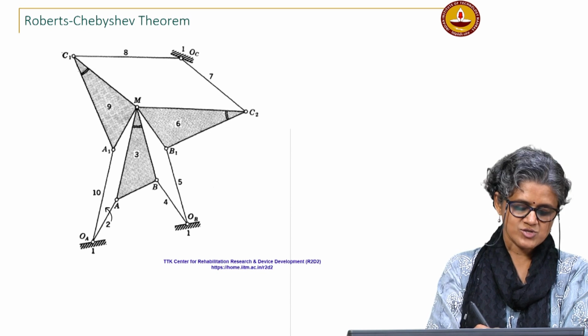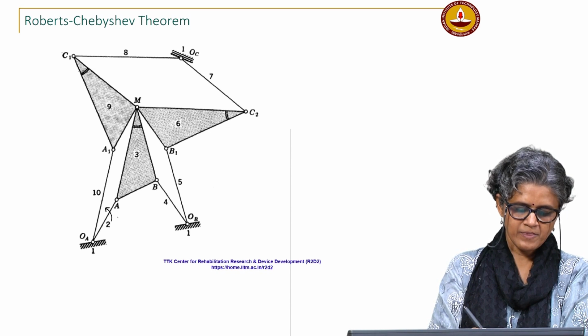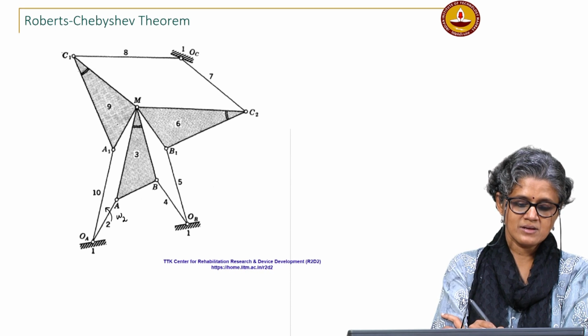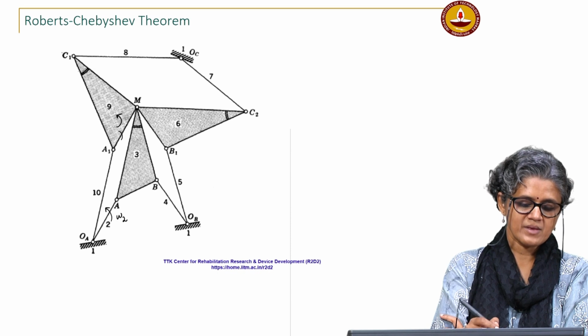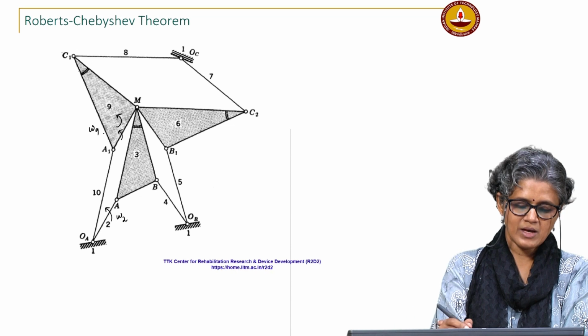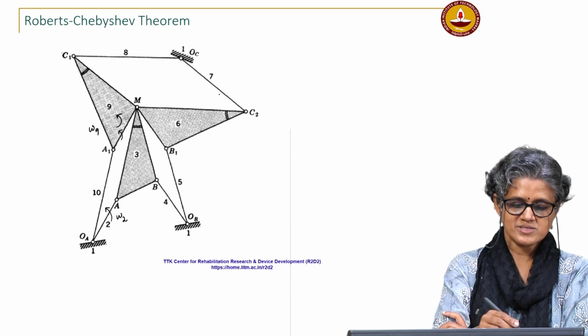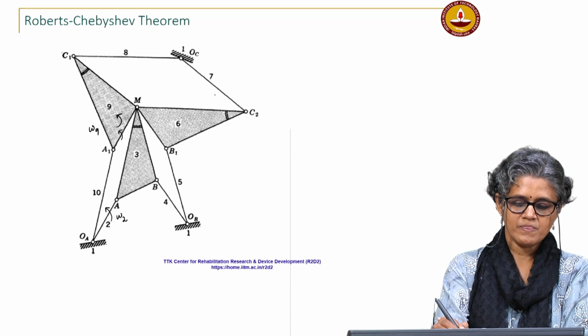So, if this is omega 2, omega 2 will be the same as omega 9, right. So, this is omega 9, and that will be the same as, this is parallel to this, omega 7.